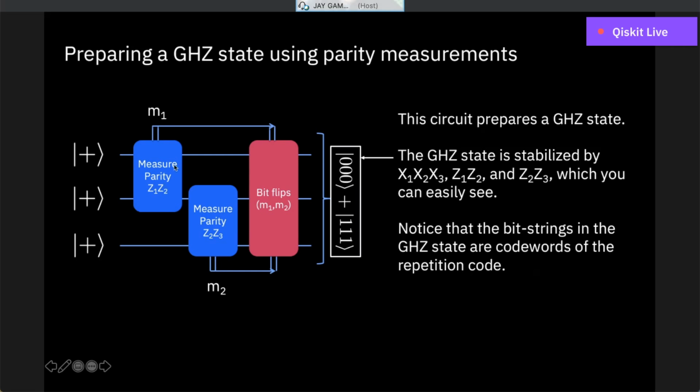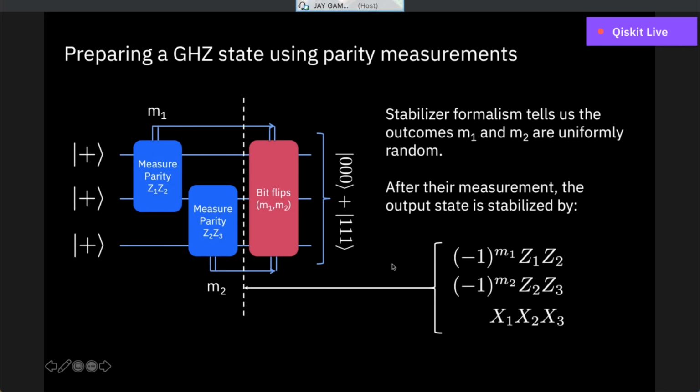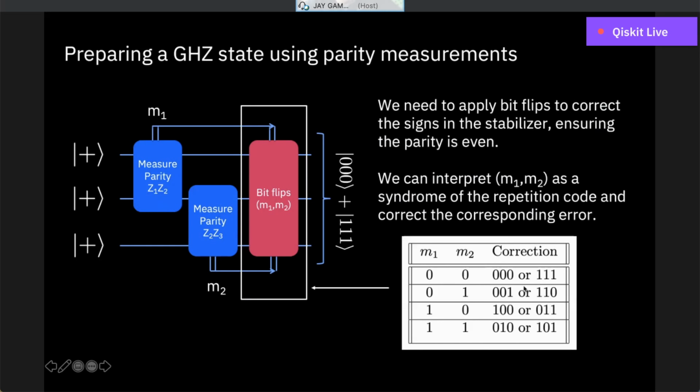And now you imagine measuring the parity between the first two qubits and the parity between the next two qubits. And depending on the outcome of the parity, you do some classical logic that flips the qubits that are measured. A way to see this: if I measure the first parity and I get a value that both the qubits are not in the same state, I apply a flip. Or if I get both of these in not the same state, I can apply a flip.